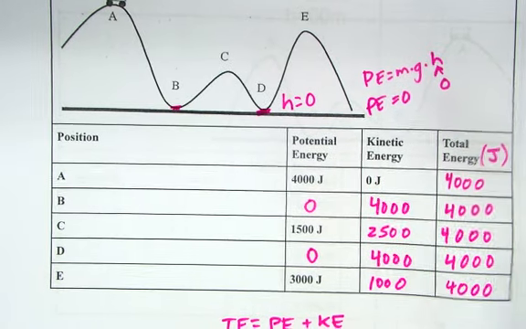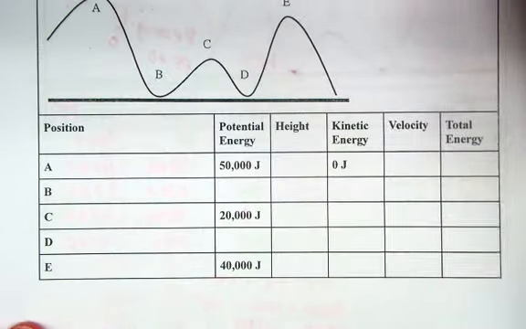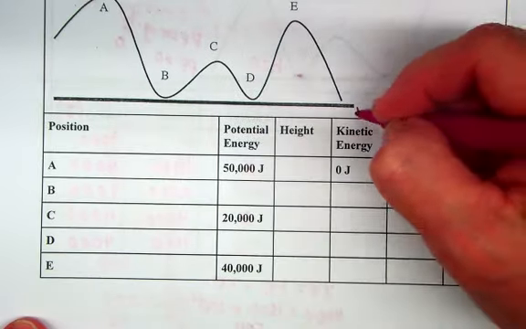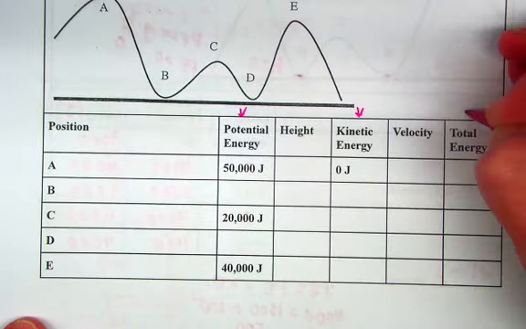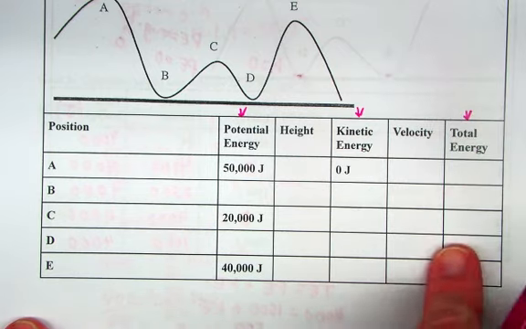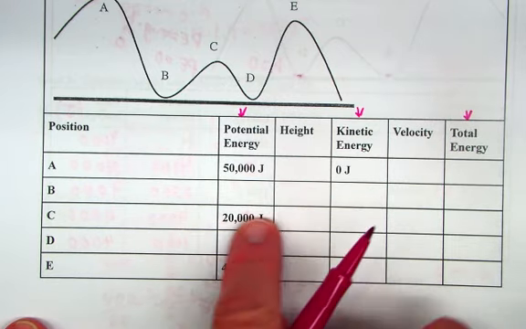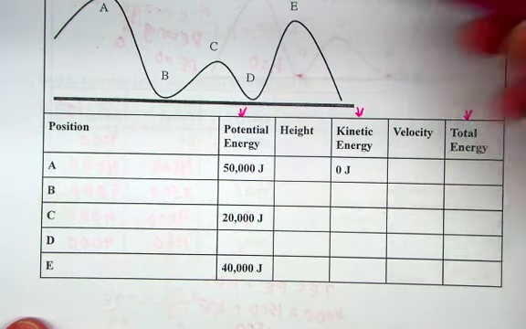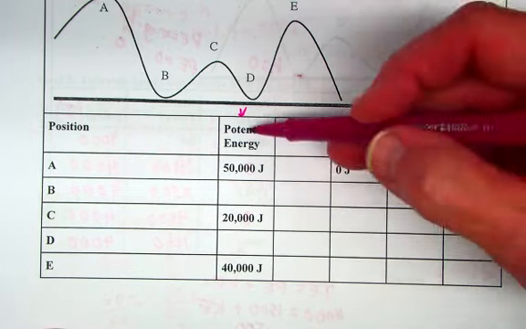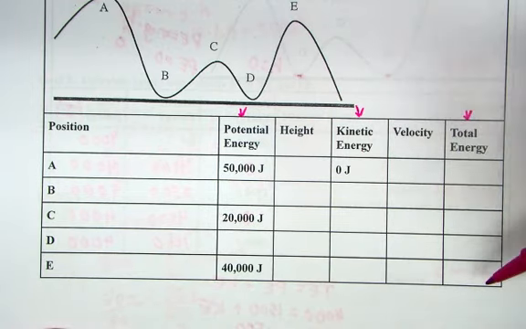Now, goal 6 on the next page is actually similar, but they've added one step. They're going to ask you to fill out kinetic, potential, and total in exactly the same way we just did, but then they're going to add another step. From that, can you figure out height and velocity? My advice on this problem is to do it exactly like we did the last problem.